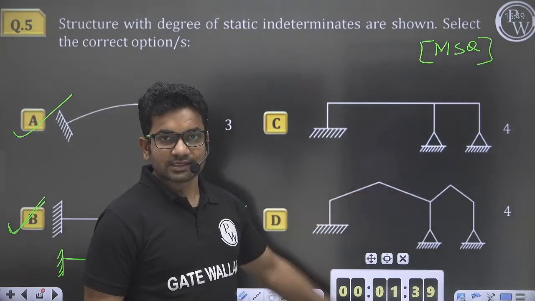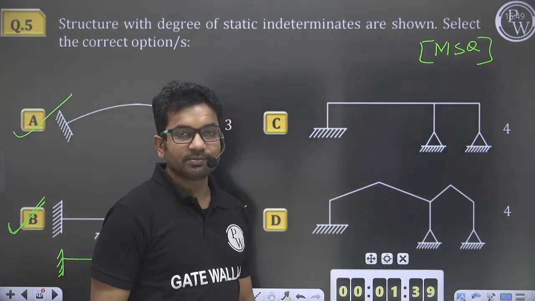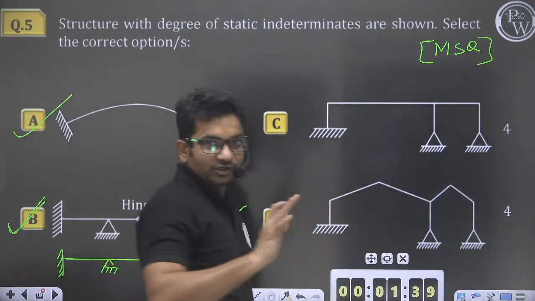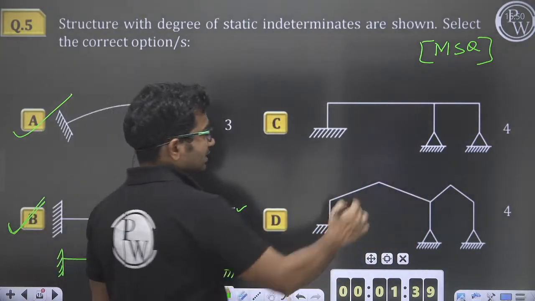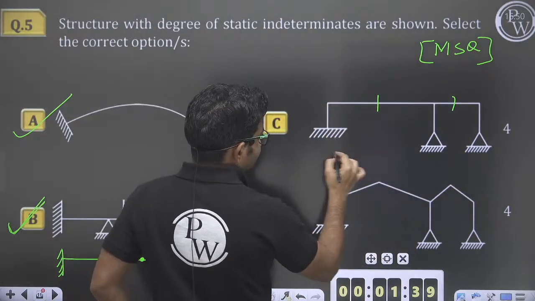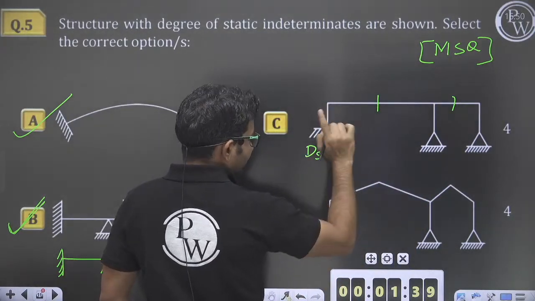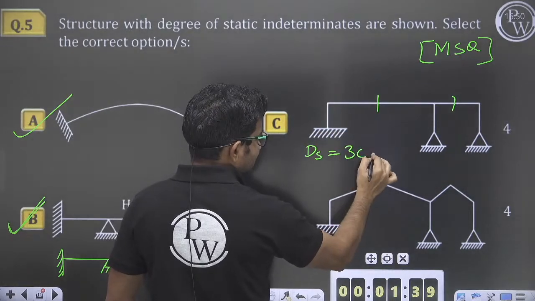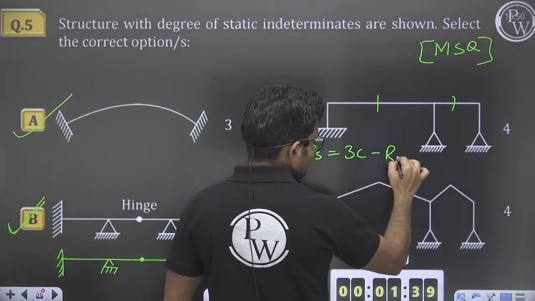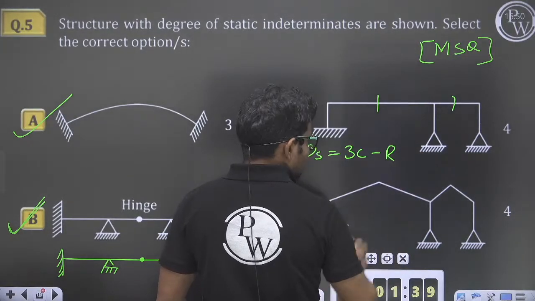Now in this case, if I consider the cut section method, not the method of joints, sorry. If I make an open tree structure, I have to cut 2 sections. So the degree of static indeterminacy will be equal to 3c minus r dash.